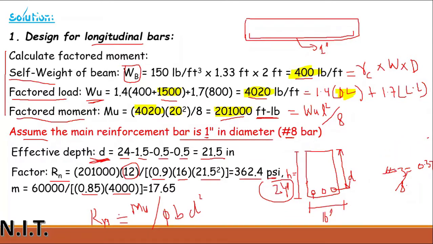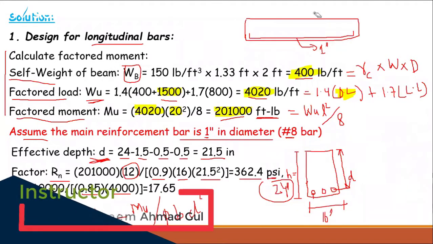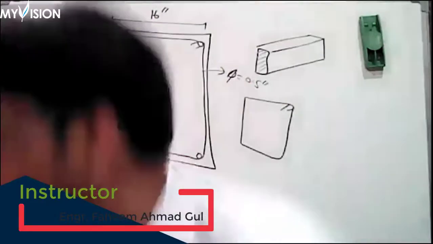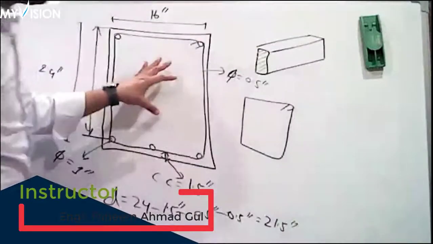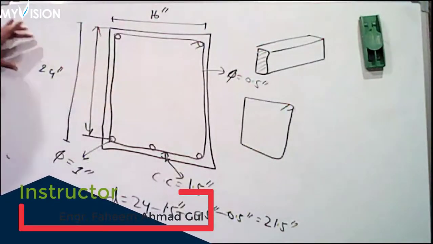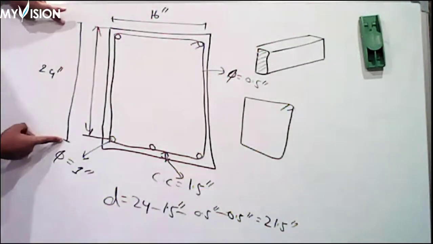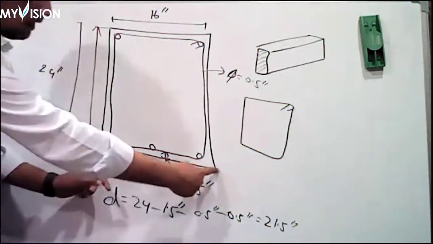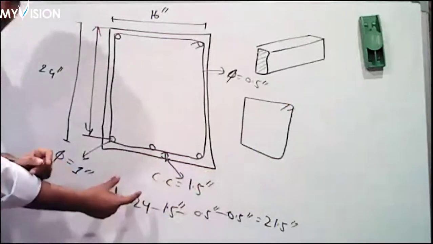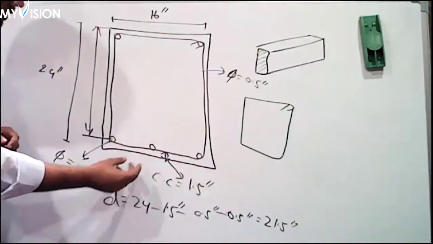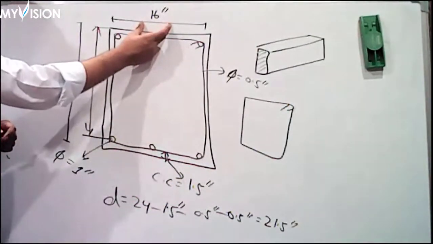After that you need to find out the effective depth of the beam. See on the board, as I have drawn over here, this is the cross section of the same beam. 24 inches is the thickness of the beam, and width of the beam is 16 inches. As you can see, this is equal to 16 inches.